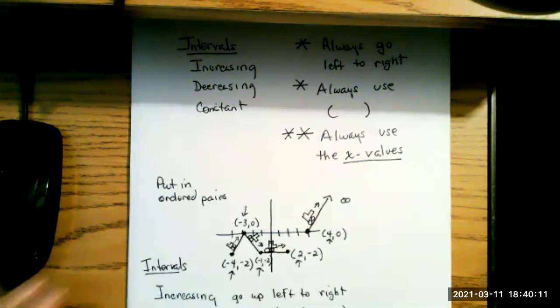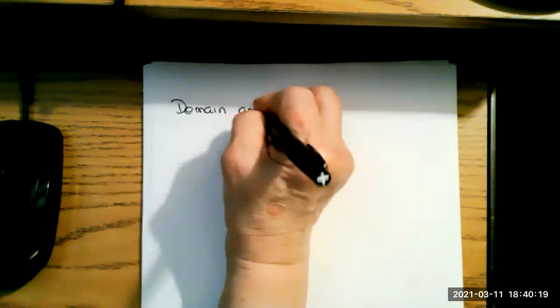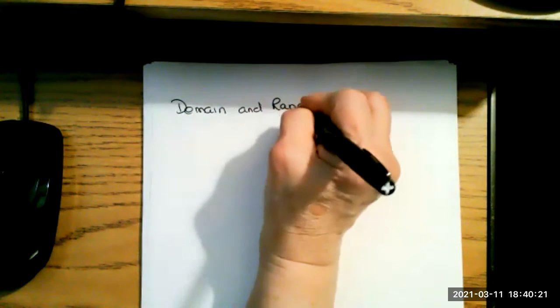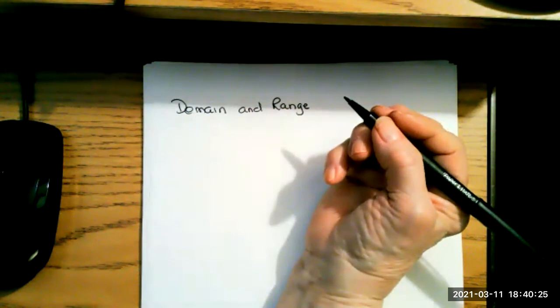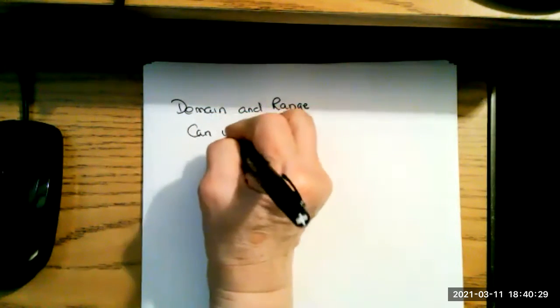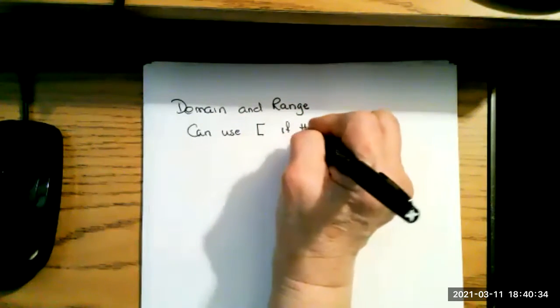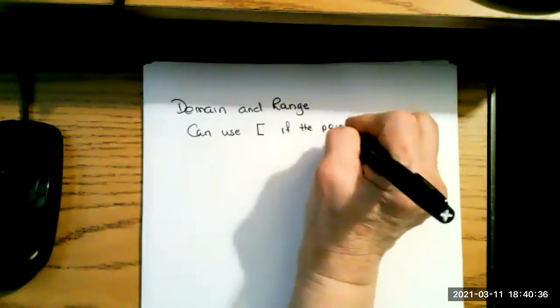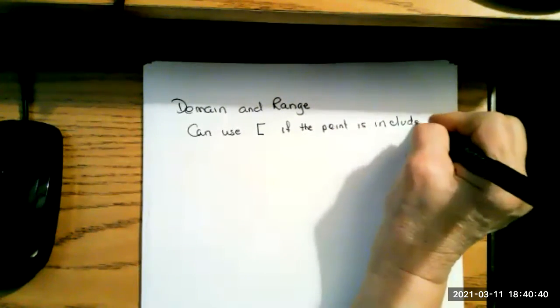Okay, now then, they're going to stop using intervals and they're going to use domain and range. The second part is domain and range from a graphed equation. And this one, you can use the bracket if the point is included, just like we did before.